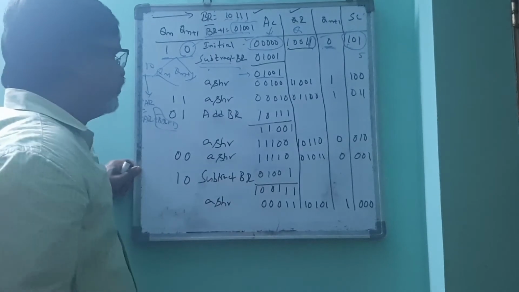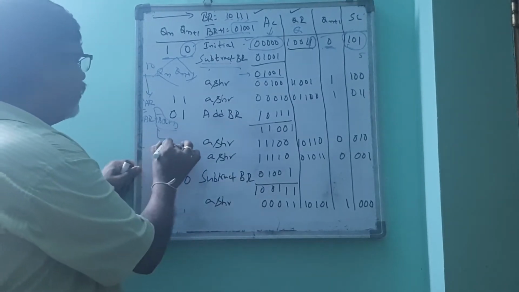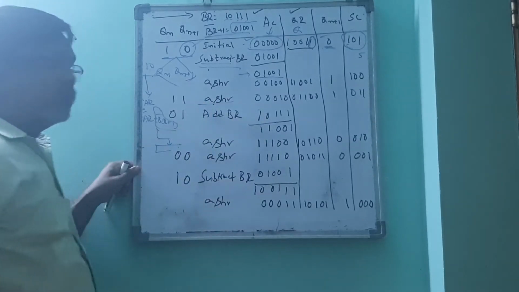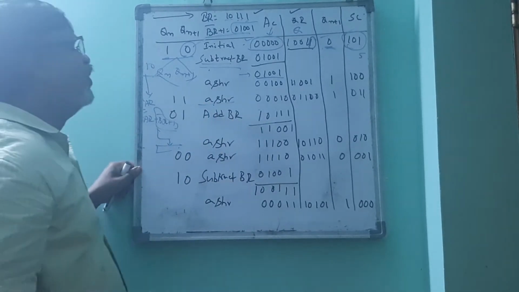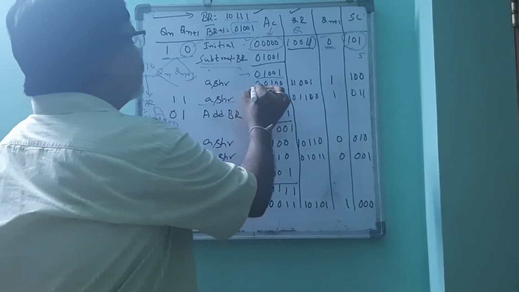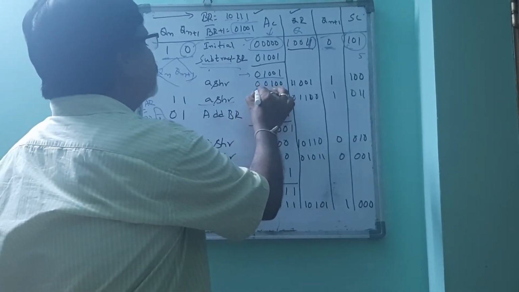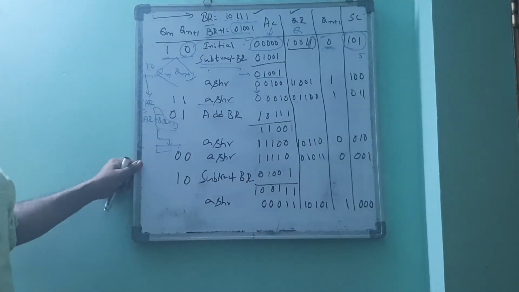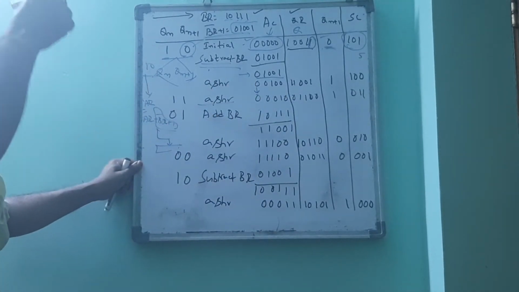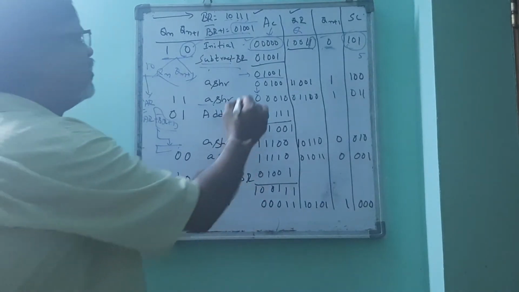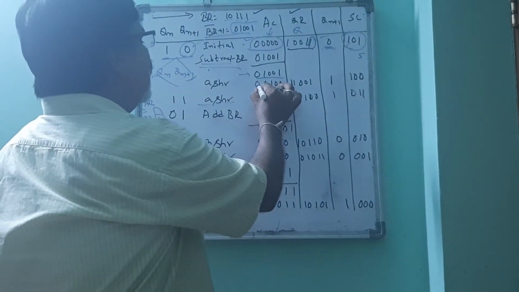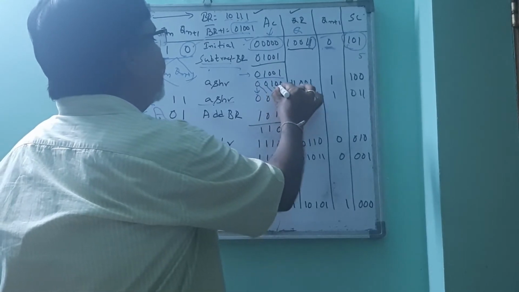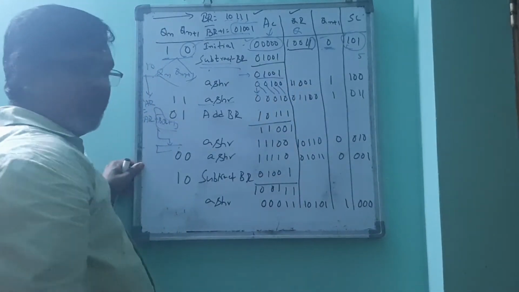01001. After adding, if you come down, we perform an arithmetic shift operation. As I told you, in the arithmetic shift operation, the most significant bit of the result stays as it is, because there is no end carry. The most significant bit is written the same, and then the bits are moved: this bit moves here, this 1 moves, and this 0 moves.